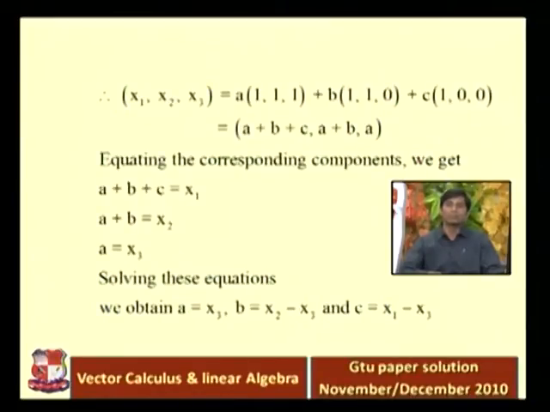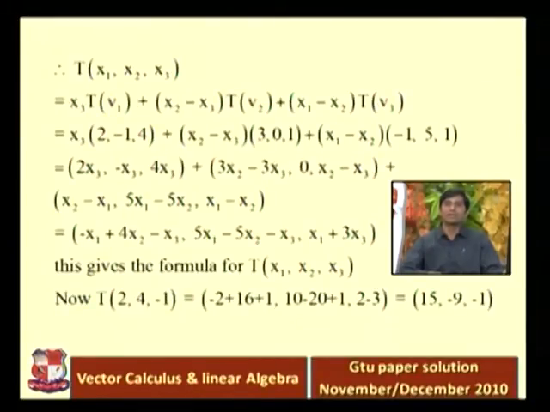So you will get this equation: T of (x1, x2, x3) is equal to x3 times T of V1 plus (x2 minus x3) times T of V2 plus (x1 minus x2) times T of V3.